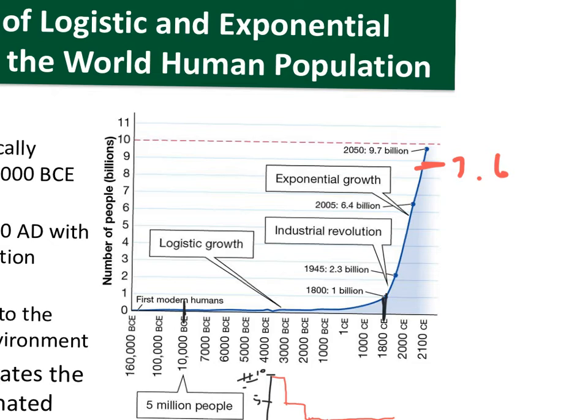Okay? So it's looking like now the growth rate is declining. But the thing is, there were so many people to begin with that the population is going to continue to grow just because there are all these more people that actually are going to have kids. Even if they're only having, let's say, 2 kids per couple.